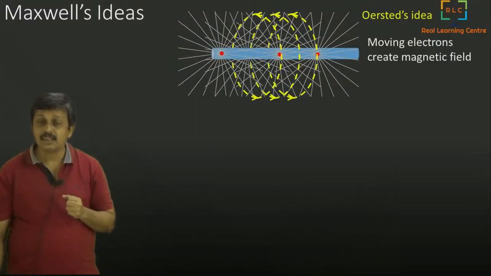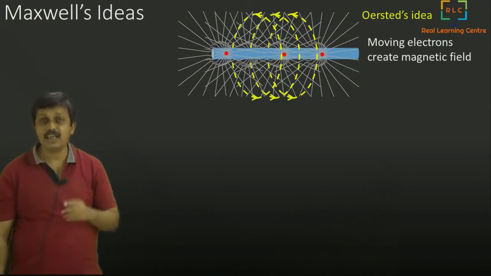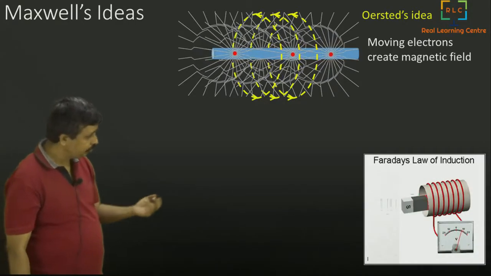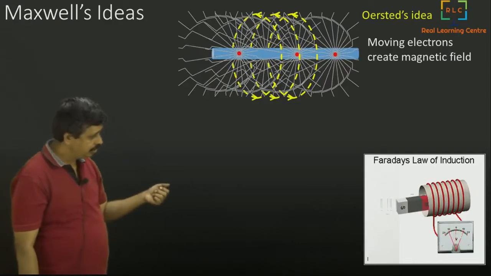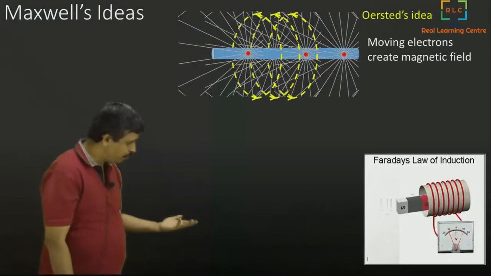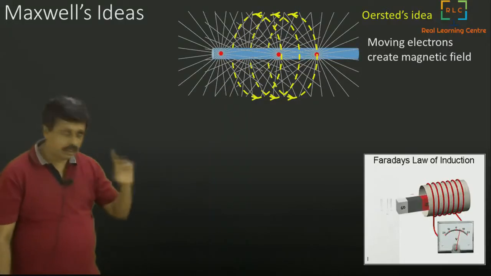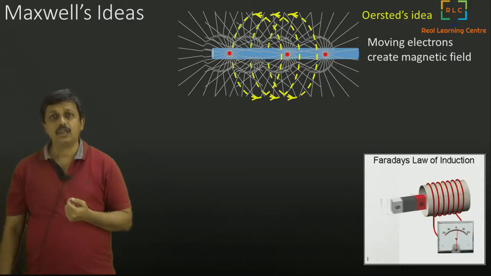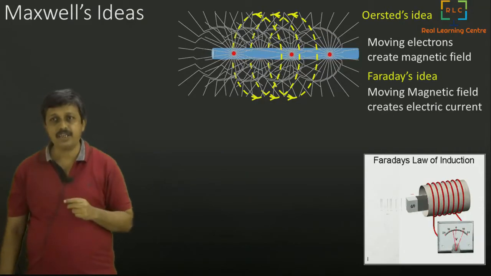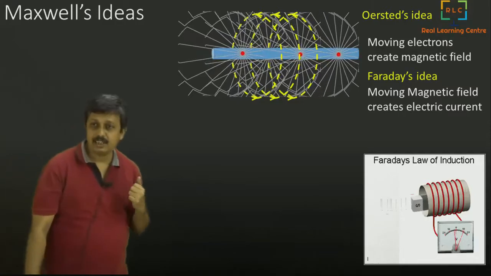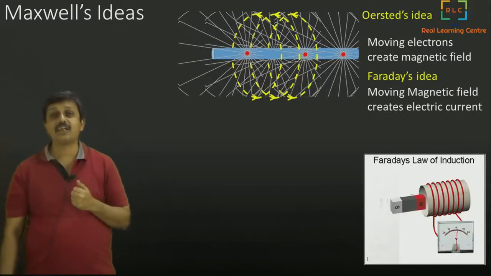And then later came Michael Faraday. He did something a little different. What he did was he took a magnet and put it into a coil. And when he was inserting and removing it inside the coil, he saw that some current gets produced in the coil. So Faraday's idea is that a moving magnetic field creates electric current.